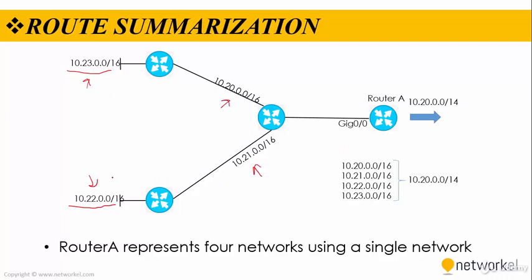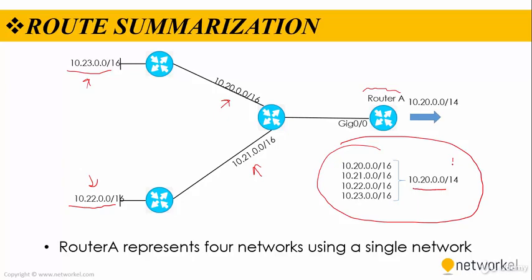We have 4 separate routes. But router A can represent these 4 networks using a single network. These 4 separate networks can be summarized as 10.20.0.0/14. And you can see that the subnet mask used here is /16.